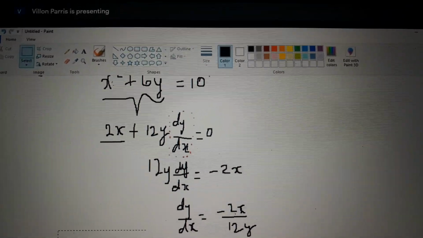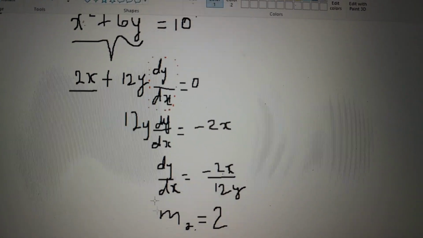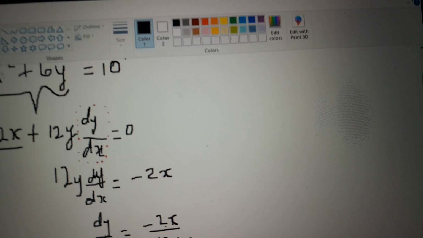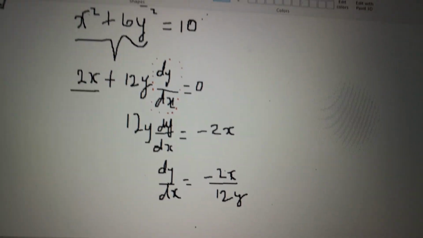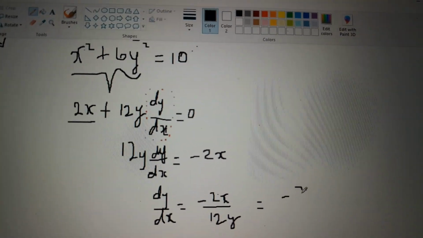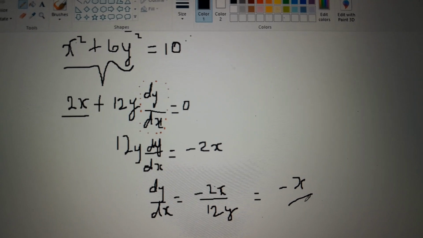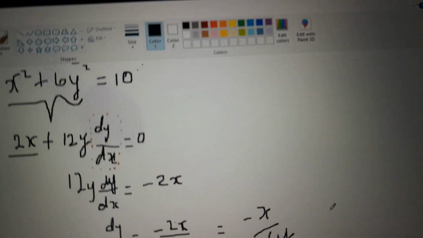-2x over 12y. Can we simplify this? So the numbers will be -1/6. Good. So it will be -x over 6y. Isn't that so? Yes, sir.